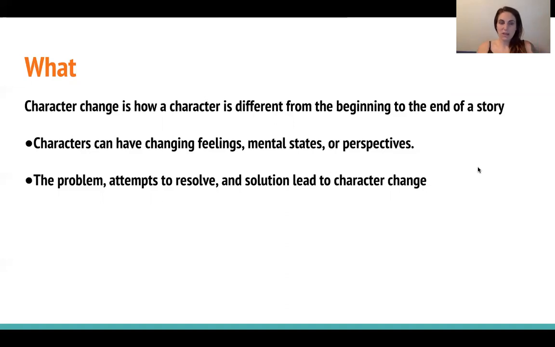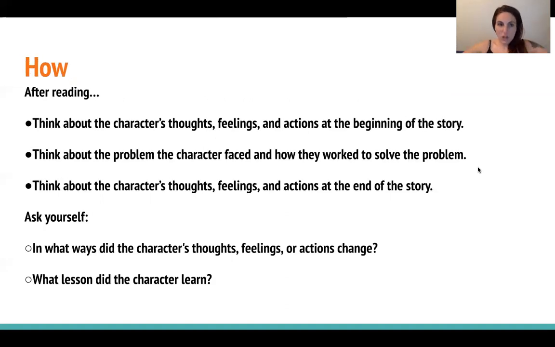So let's keep going. How do you do that? After reading, you're going to think about the character's thoughts. Do with me: the character's thoughts, the character's feelings, and the character's actions at the beginning of the story. And then you're going to think about the problem, a problem that the character faced and how they worked to solve the problem.